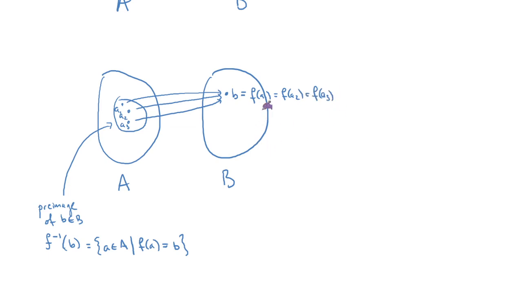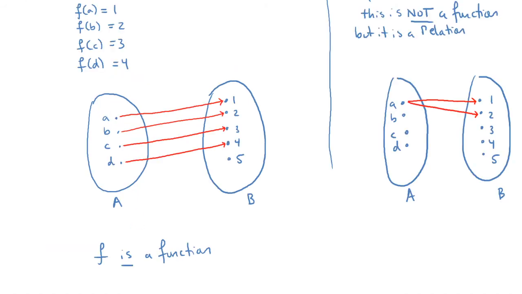So the preimage of an element in the codomain is a set, and this set can be empty. There may be nothing that maps to it, or there may be something. If you go back to that first example, the preimage of 1 was the set containing A, the collection of all the inputs that get mapped to it.